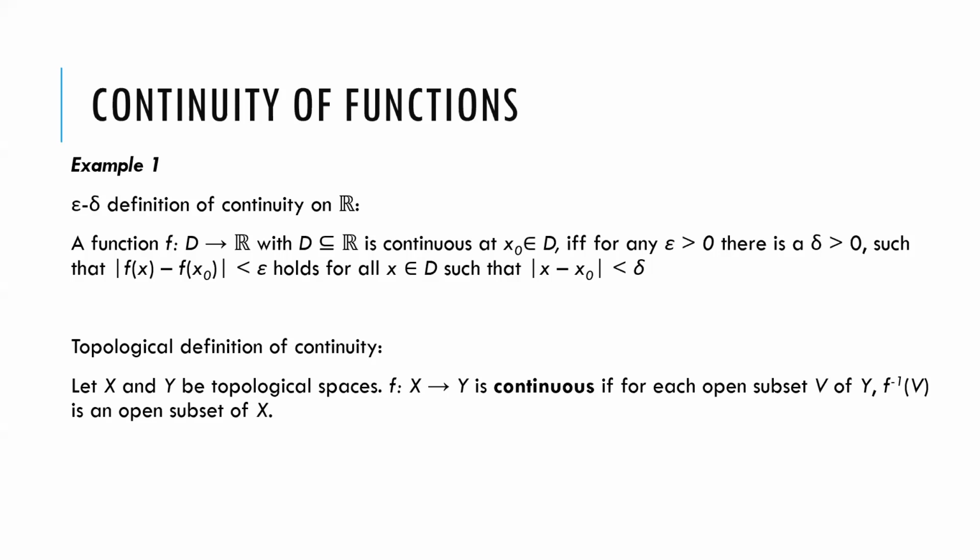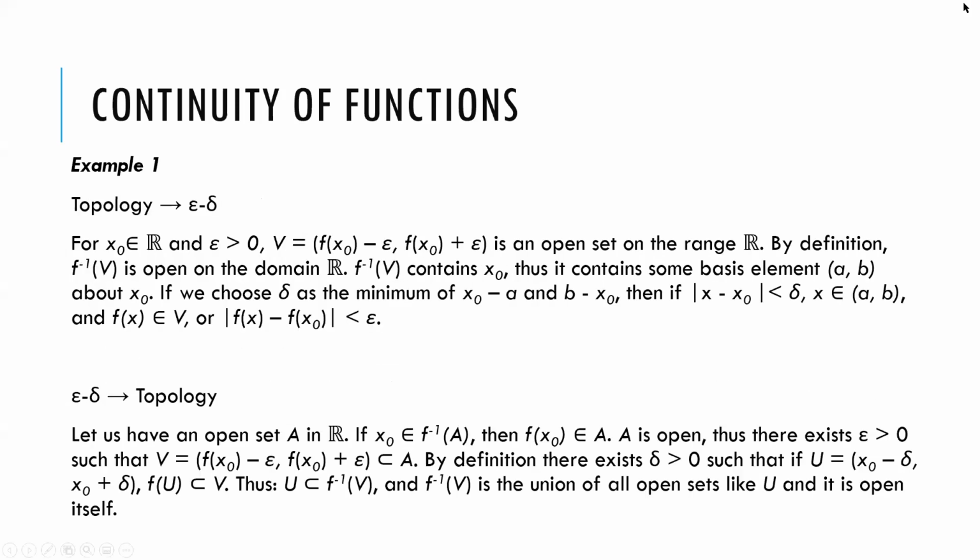Okay, I will move on to the proof. Firstly, if we go from the topological definition to the epsilon-delta definition, we know that for x0 belonging to R and epsilon greater than 0, the open interval from f(x0) minus epsilon to f(x0) plus epsilon would be an open set in the range of the function.